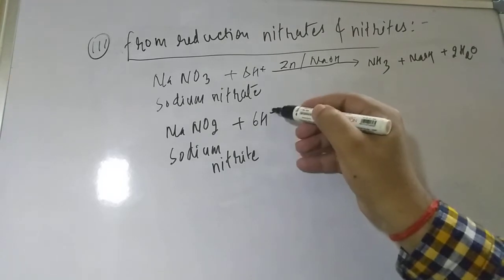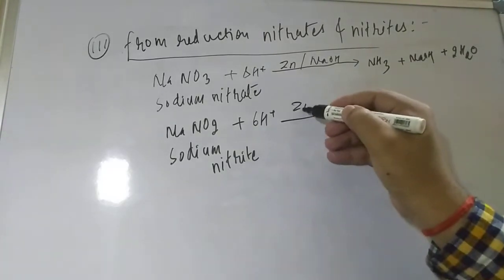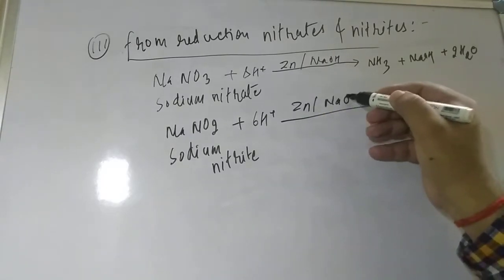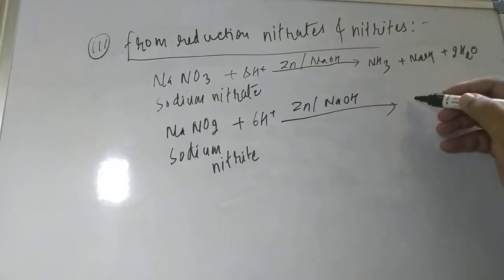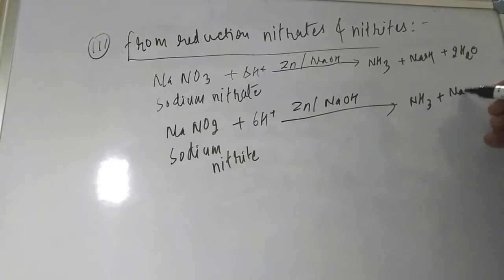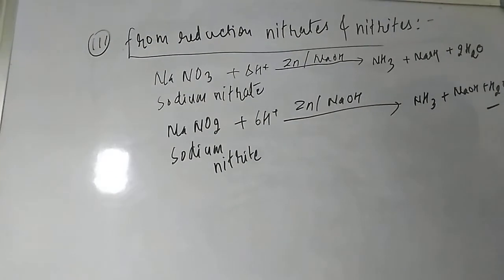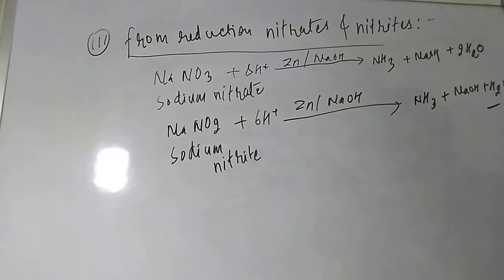So here, if you treat with acid to reduce this, with the same reagent, Zn and NaOH, it will give ammonia plus sodium hydroxide, along with water molecules. So these are the equations: from the nitrates and from the nitrites we can also prepare ammonia. Now let us see what other methods there are to prepare ammonia.